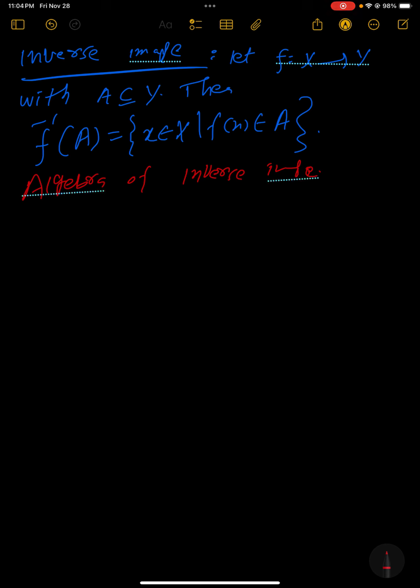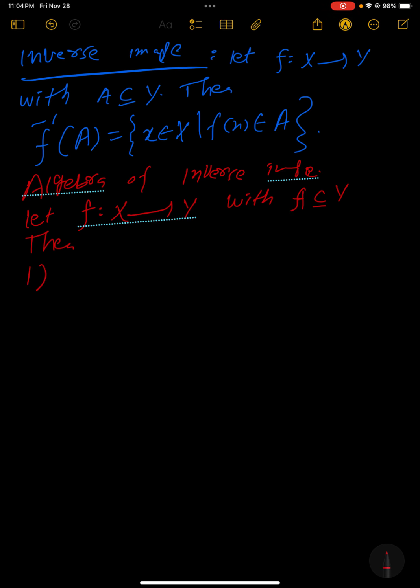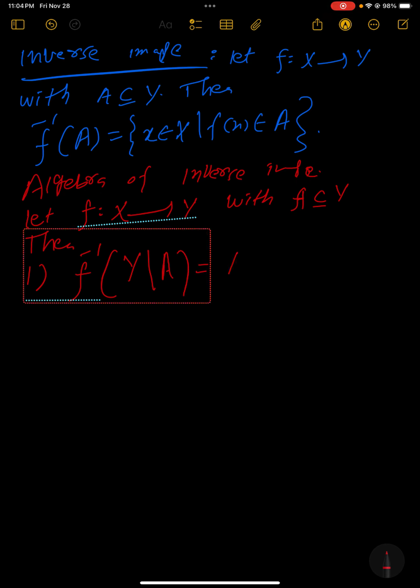Okay, so we will assume that f is a function from X to Y with A a subset of Y. Then the first thing we're gonna prove is that f inverse of the complement of A is nothing but the complement of f inverse of A.